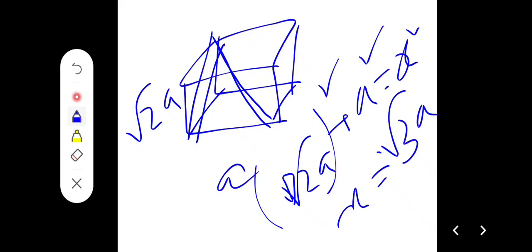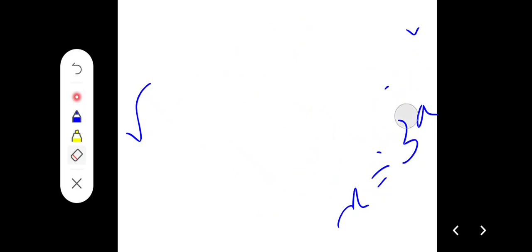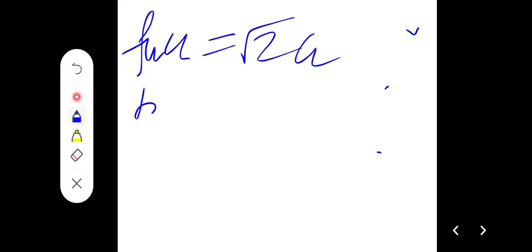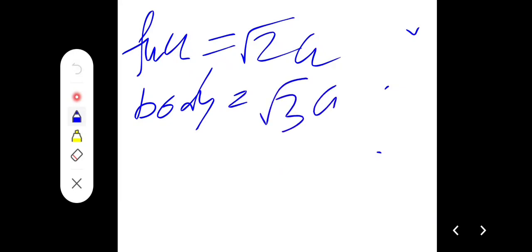That is the body diagonal. So the face diagonal is root 2a and the body diagonal is root 3a.